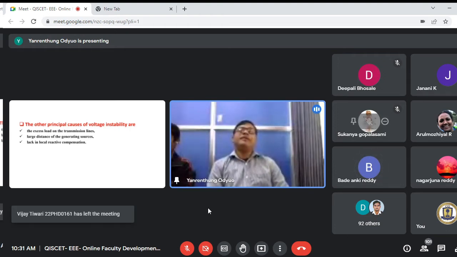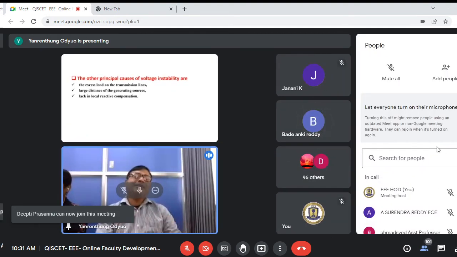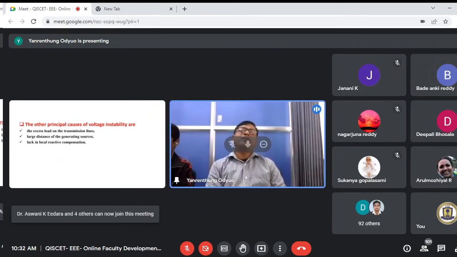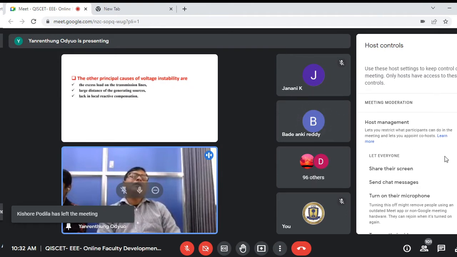Now I am going to discuss the principal reason of voltage instability. The basic reason behind voltage instability is excess load. This is an overall view of the power system. This is not only valid for the distribution network, even for the transmission network these things are valid.